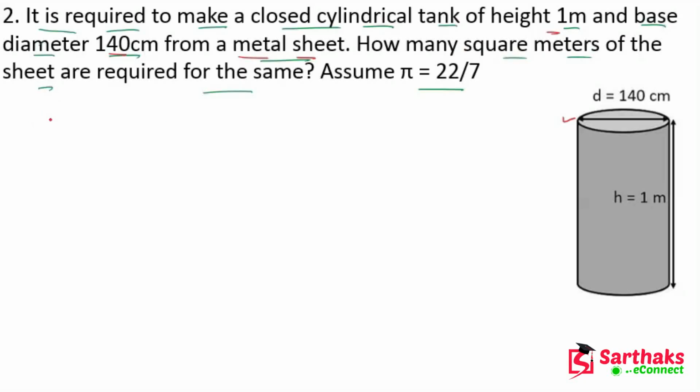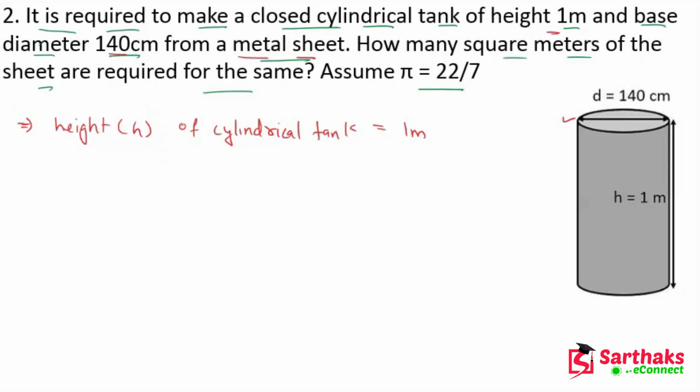Yes, so now here the cylindrical tank is closed. So we need to find the total surface area of the cylinder, which is in meter square. We have height h of the cylindrical tank is equal to 1 meter.